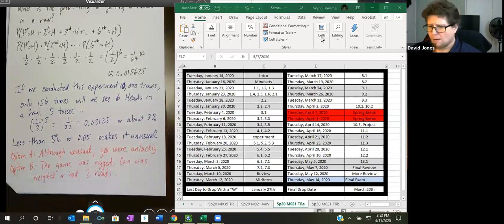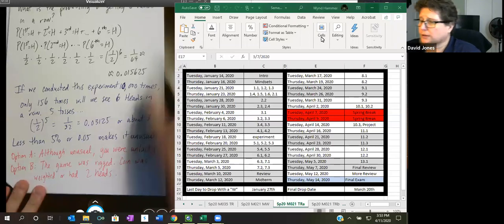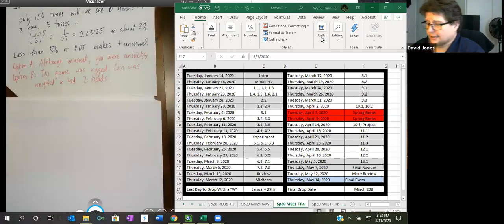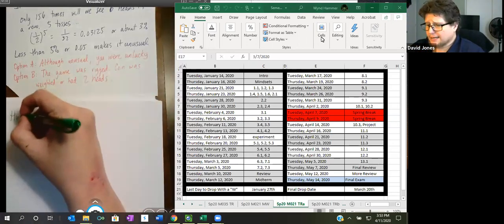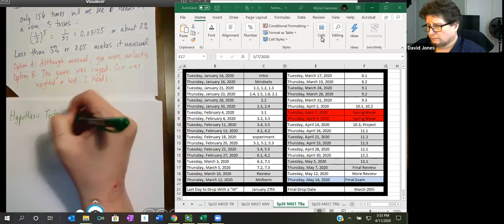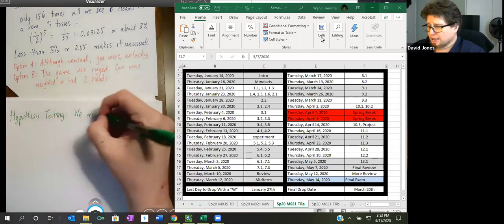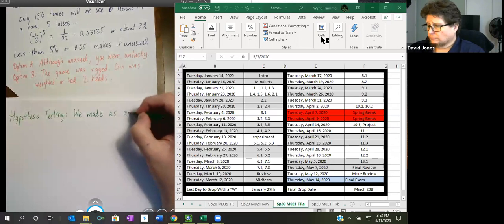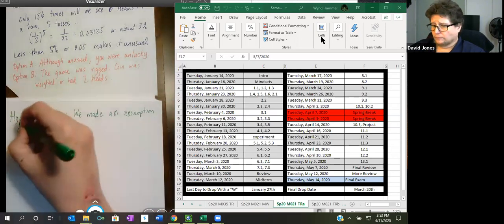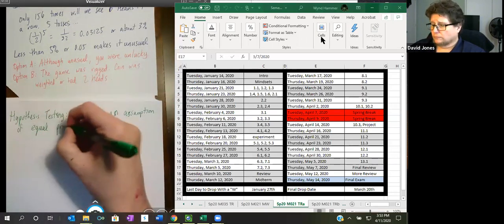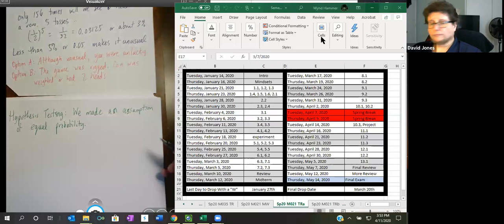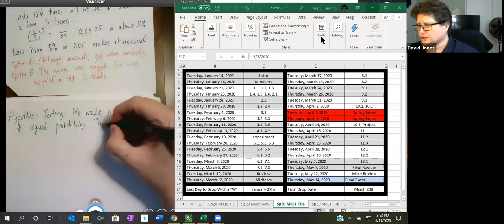You don't know. But the fact that it was unusual, this is where hypothesis testing leads. In hypothesis testing, we made an assumption of equal probability. The outcome was unusual.